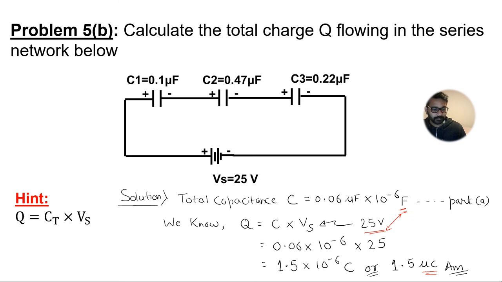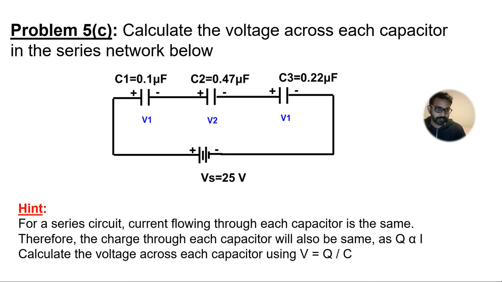Okay. Now, in the next part of this question, we have to calculate the voltage across each capacitor, right? That is V1, which is across C1, V2, which is across C2, and V3, which is across capacitor C3. Now, as I have mentioned, since the three capacitors are connected in series, the charge flowing through each of these capacitors will be the same, and it will be equal to the total charge, which we have just calculated.